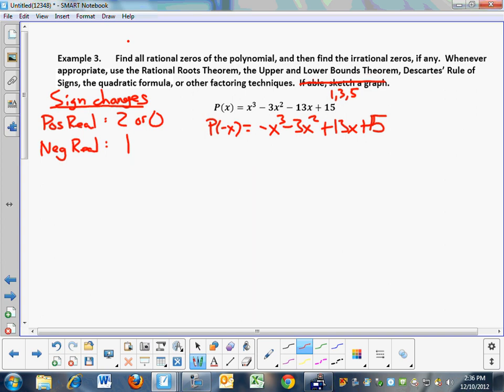My P's are 1, 3, and 5. What are my Q's? 1. If you take all of your P's and divide them by all the Q's, list your positives and negatives. Your choices for rational roots are plus or minus 1, plus or minus 3, and plus or minus 5. Those are your options.